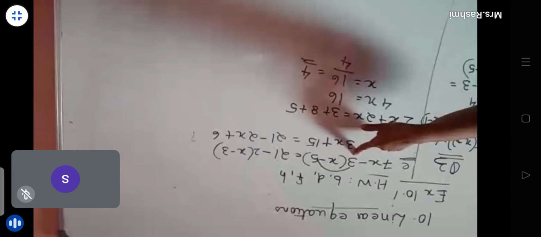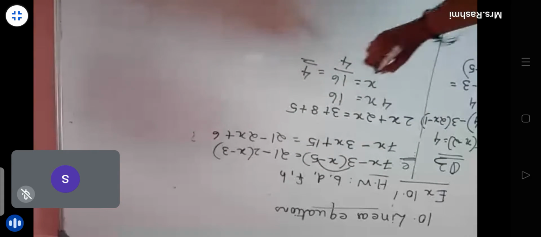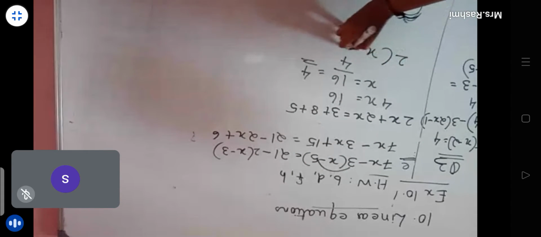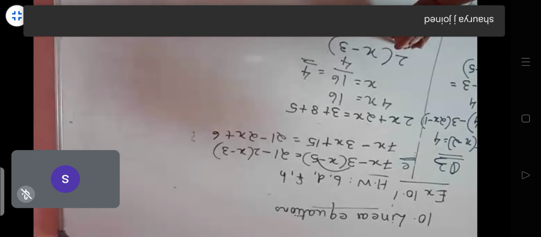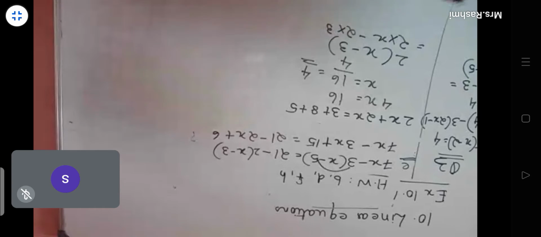Teacher, why did you make it 15? Why did you make 3 into 5? It is 3 into x and 3 into 5. Here it is 2 into x and 2 into 3. It is 2 into x minus, which means 2 into x minus 2 into 3.